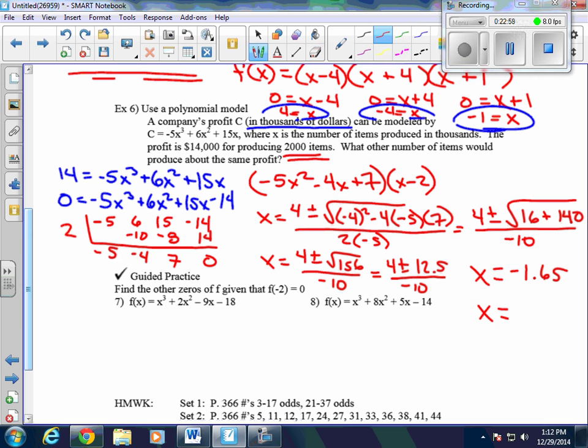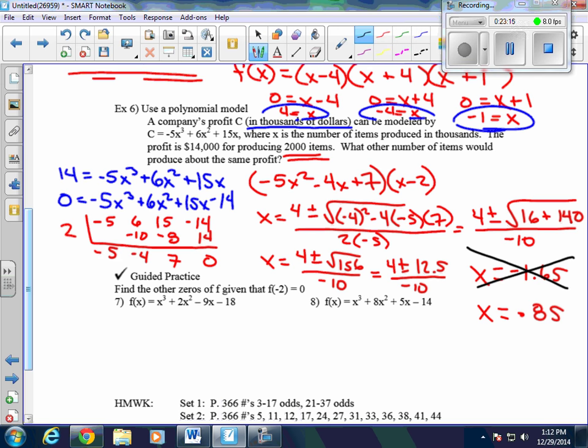And then 4 minus 12.5 is negative 8.5, divided by negative 10 is positive 0.85. Well, obviously, we cannot have a negative solution, so that's not it.